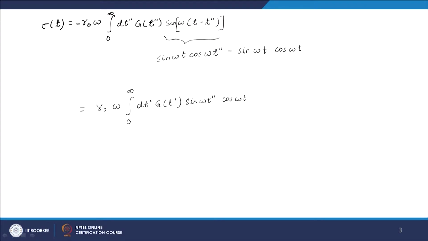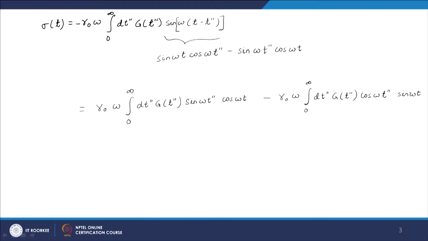That will be one term, and the next term will be minus gamma naught omega, 0 to infinity, dt double prime, g of t double prime, cos omega t double prime sine of omega t.